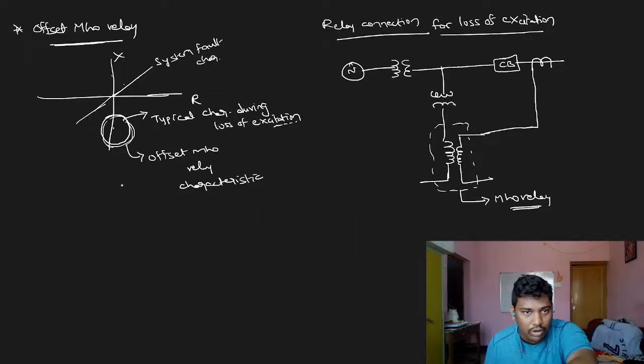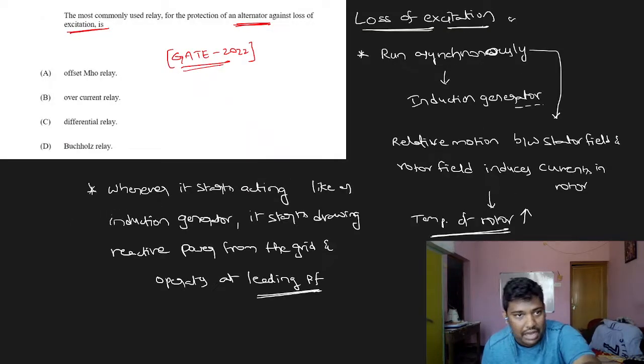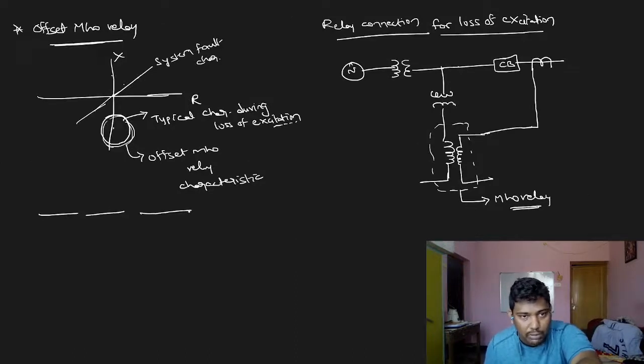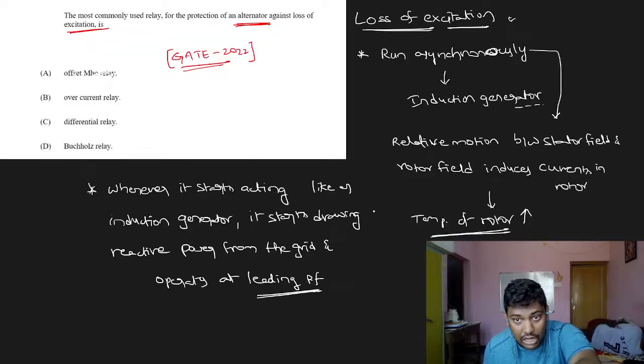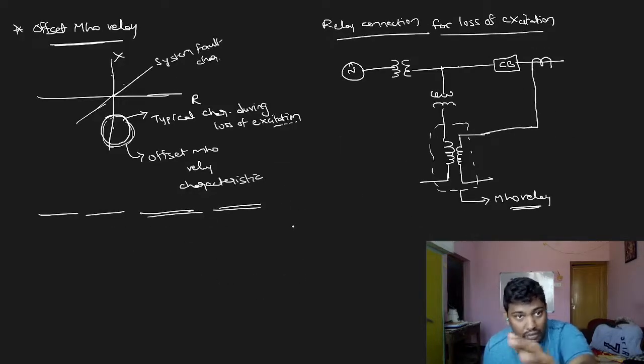Now, in order to avoid this, we generally go for offset mho relay. What this offset mho relay does is, it will protect the alternator against the loss of excitation, right? If excitation is lost, all these are effects, and in order to avoid all these effects, we prefer offset mho relay.